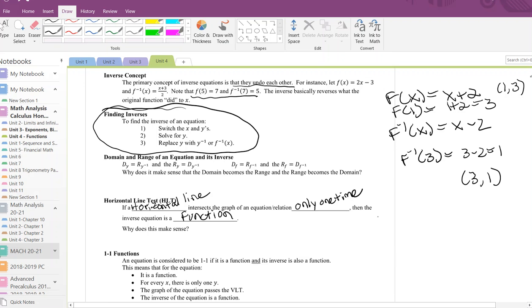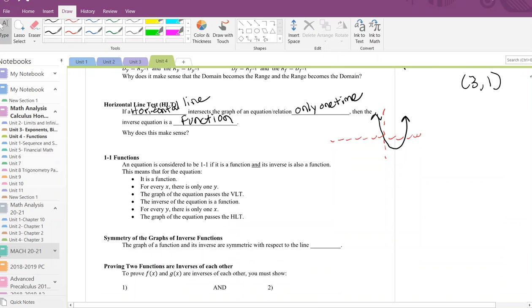So basically, if you look at a parabola, yes, it passes the vertical line test, so it's a function, but it doesn't pass the horizontal line test, so the inverse would not be a function. Doesn't mean it doesn't have an inverse, it just means the inverse is not a function.